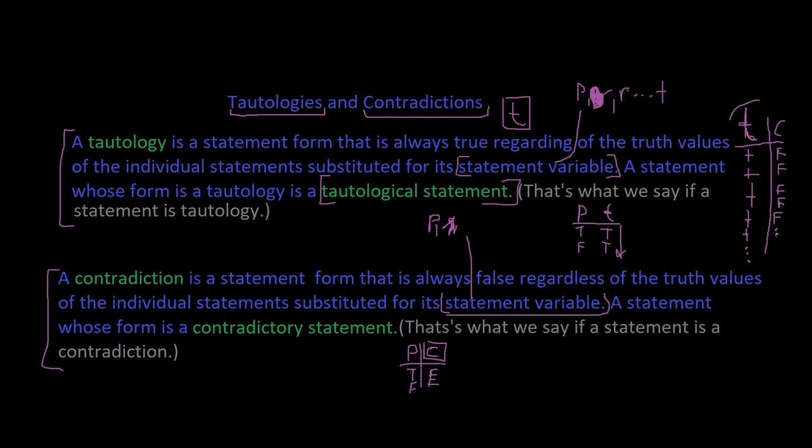And that defines a contradiction. Right here it says a statement whose form is a contradiction is a contradictory statement. A contradictory statement is just one that contains the c. We'll explain it in a few.